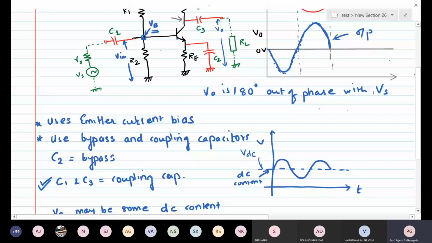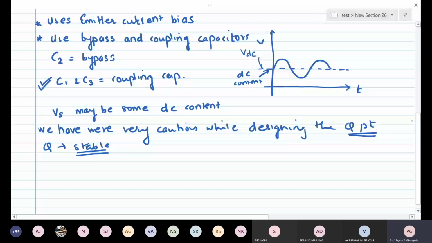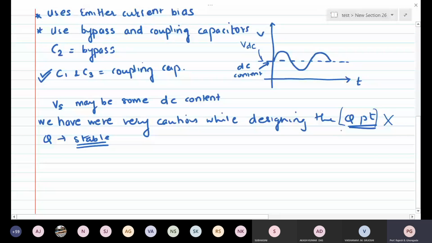The voltage now at this point will be VB plus VDC. Agreed? So essentially, you are changing the Q point, which is totally undesirable. So we should not couple the DC over here.